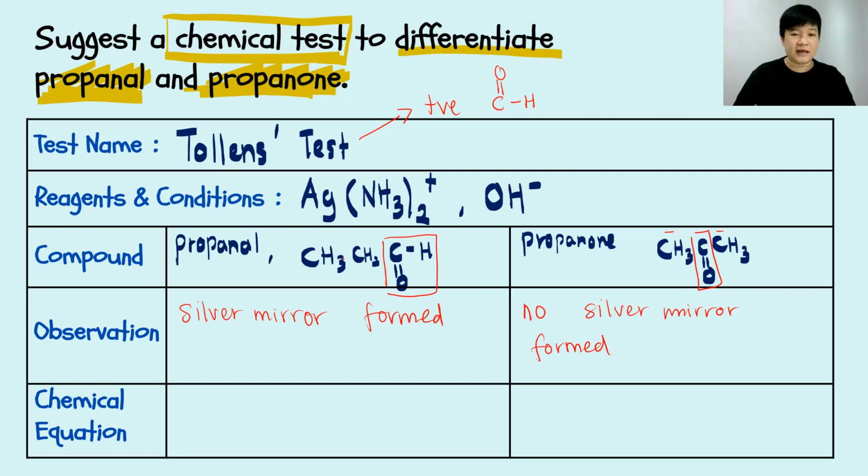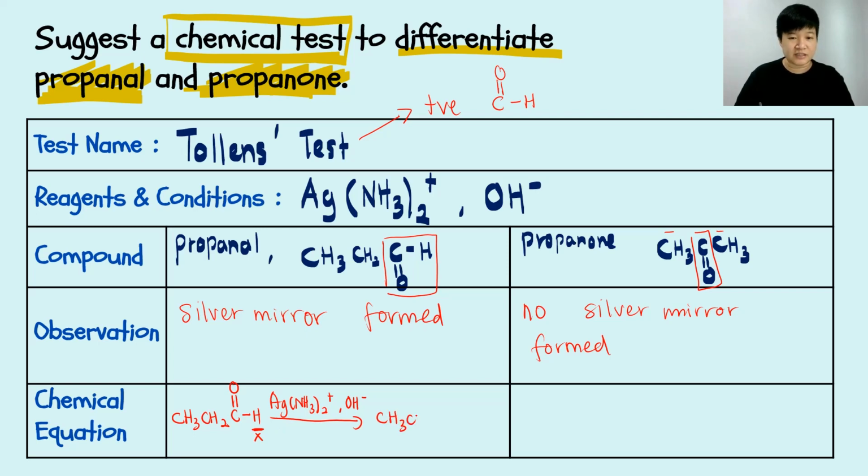Simple. Next, the chemical equation of propanal is also very simple. You have your CH3, CH2, C double bond OH, reacting with your Tollens reagent, which is your Ag(NH3)2 positive with the presence of OH minus. The hydrogen will be removed and replaced by an O minus.